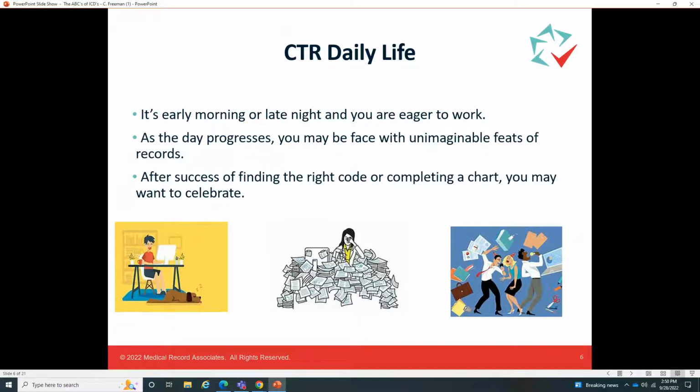After searching and searching, we hit success, we find the right code, or we complete our chart. Now it's time to celebrate. And as our last CTR looks like they're having a party at the end of the day with some karaoke, charts are flying. They have had a successful day and are getting ready for tomorrow. I know I've been there. Some days I'm still there, as I know some of you have experienced. If you haven't, you sure will.